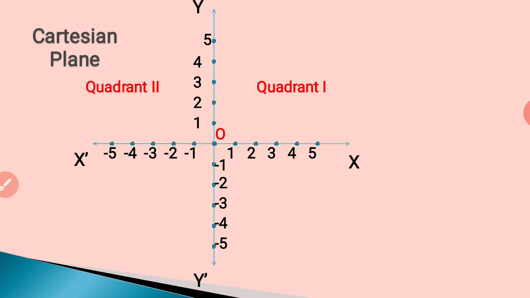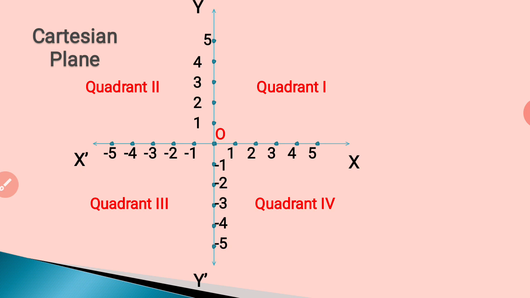Then you have quadrant 2, it is on the left hand side of the y-axis and above the x-axis. Then you have quadrant 3, which is on the left of y but below x-axis. And finally you have quadrant 4, which is on the right hand side of the y-axis but below the x-axis.